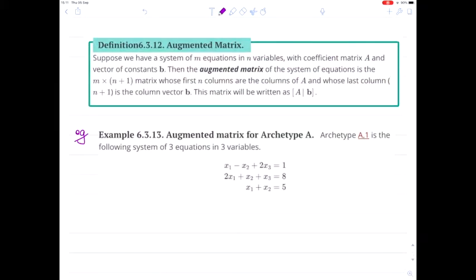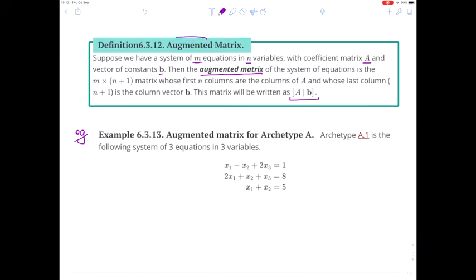Now it's going to turn out to be useful to actually only work with a single matrix. And this leads us to define what's called the augmented matrix of a system of m equations in n variables, if it has coefficient matrix A and vector of constants B. And the way we do this is we really just add another column onto A on the right hand side, which is the column vector B. And we're going to write this as augmented.